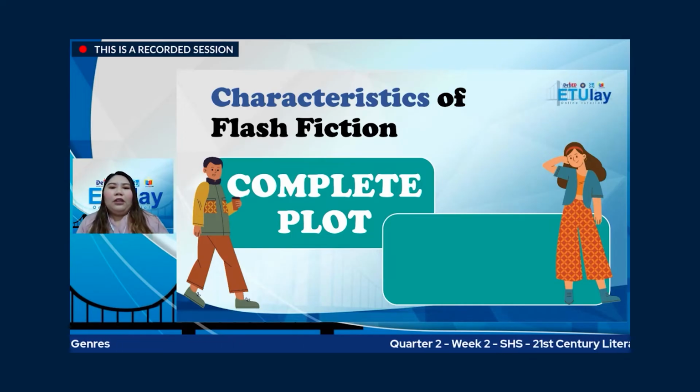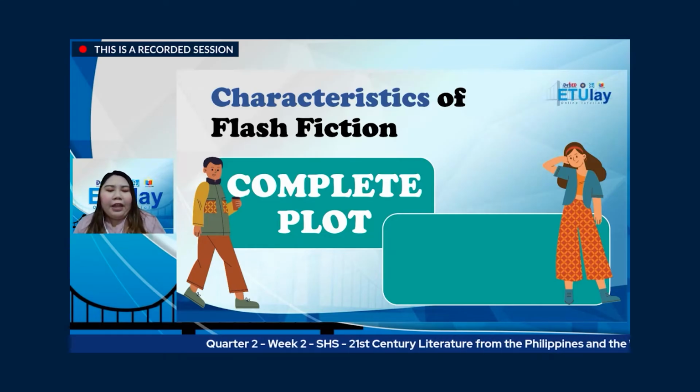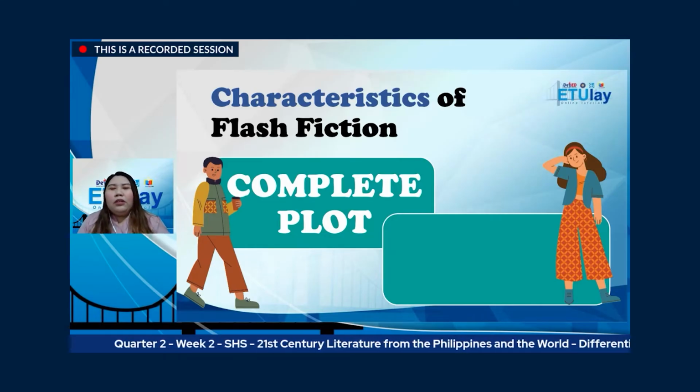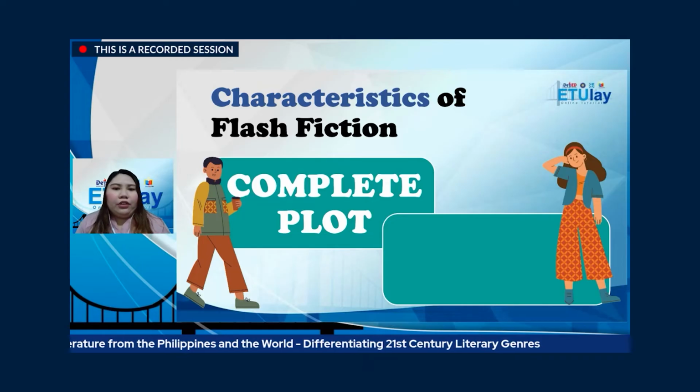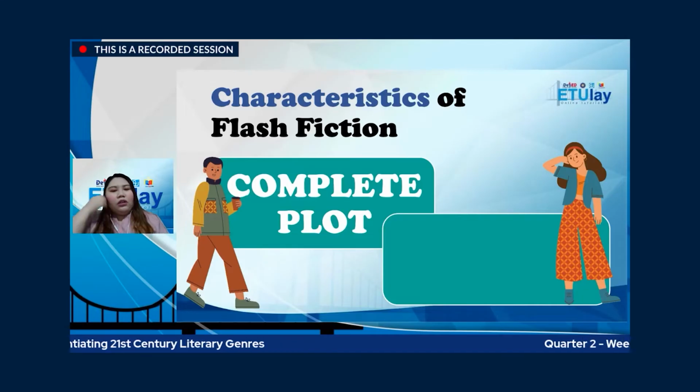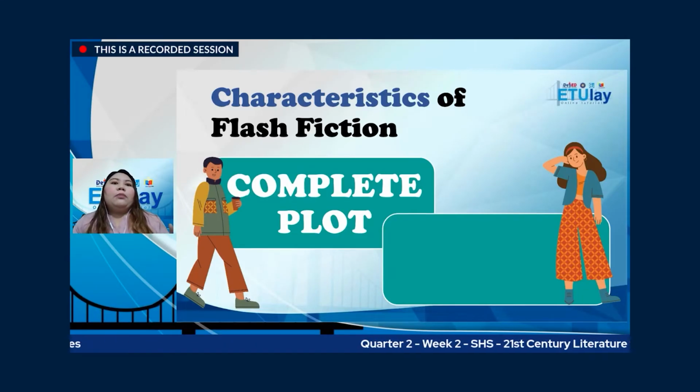What's the middle? The parent of the baby that wasn't born decided to sell the pair of shoes. The end part would be either the shoes were sold or the pair of shoes wasn't sold at all. Okay, so there's already that complete plot.